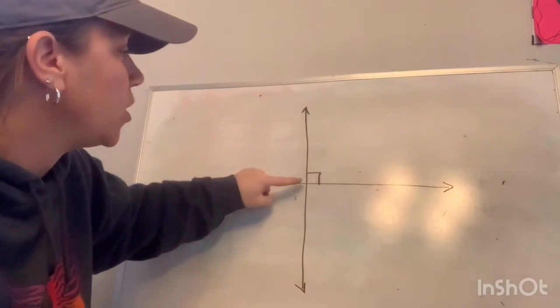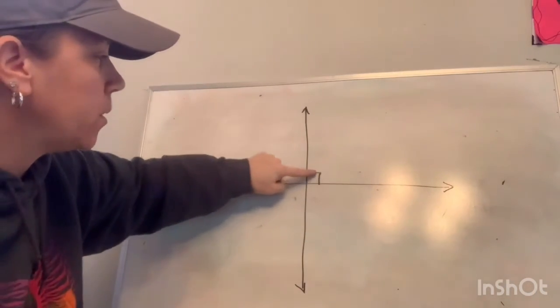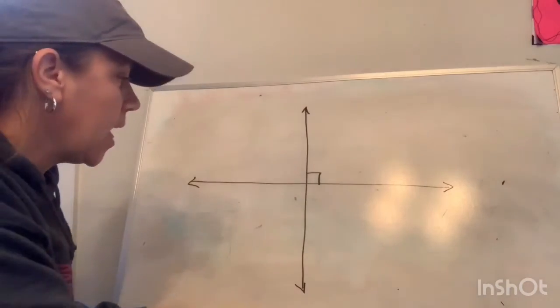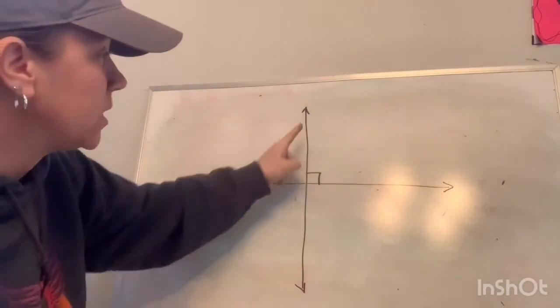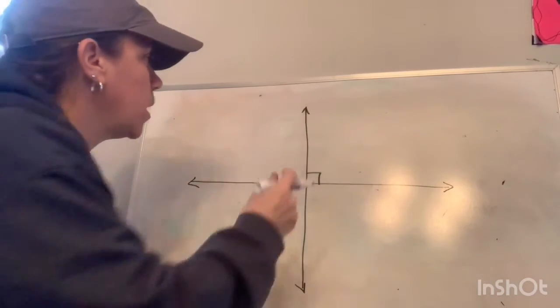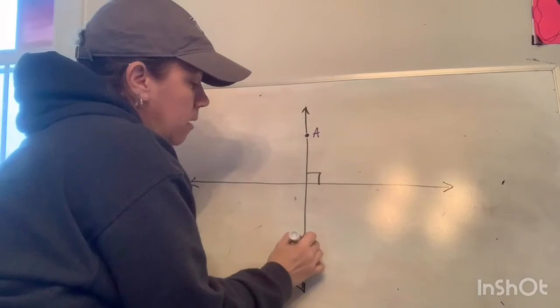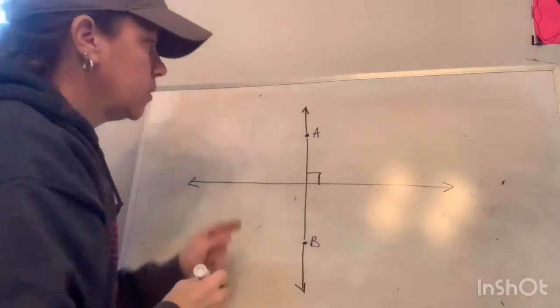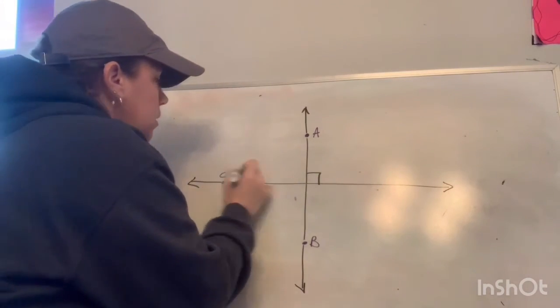Well, if I know that this line here forms a perpendicular line to this line, then all I have to do is draw another line perpendicular to this one, and maybe we should name them. Let's name this one A, B. So AB is perpendicular to CD.